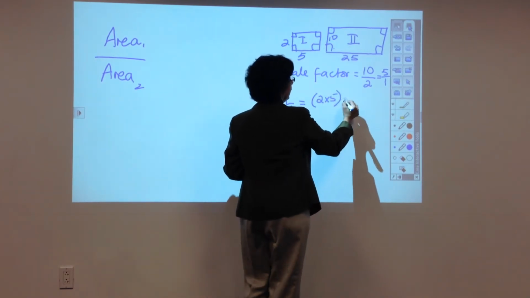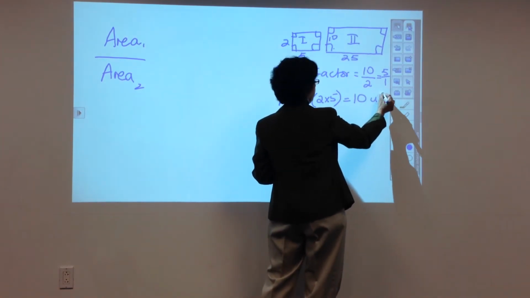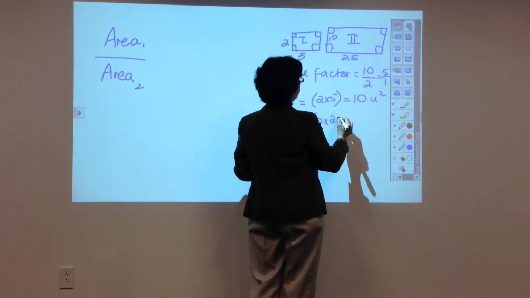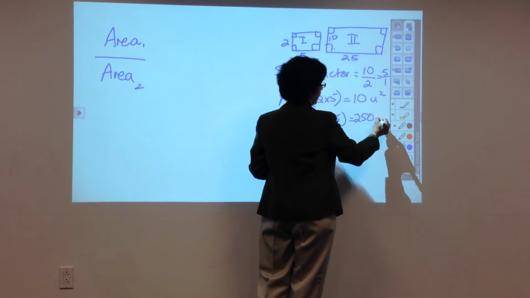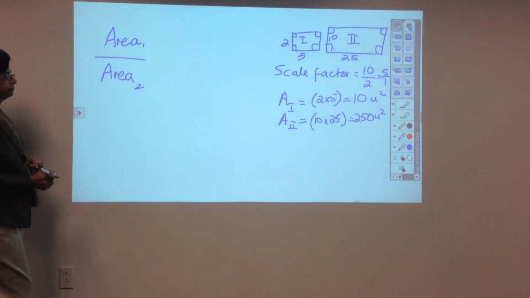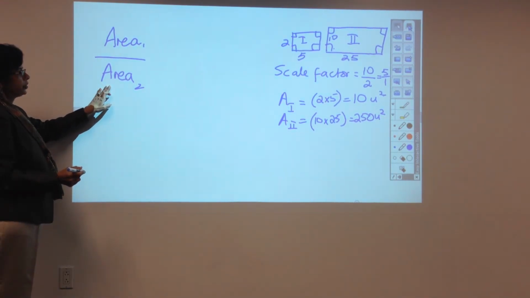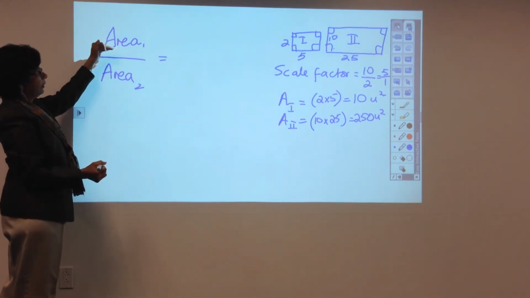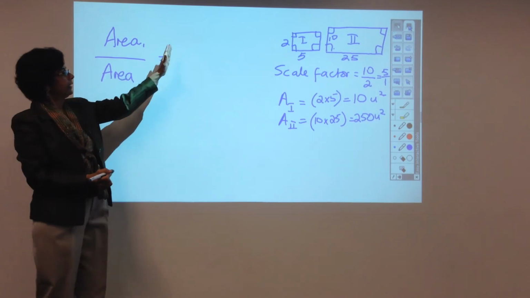Well, you really don't need calculators. 10 units squared. Area 1 over area 2.